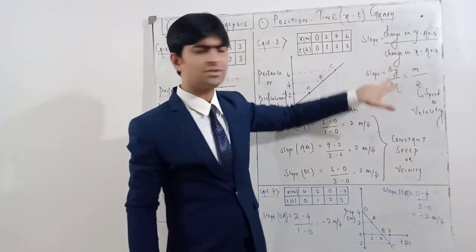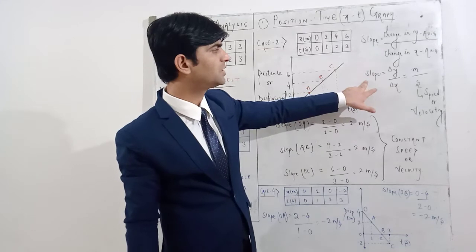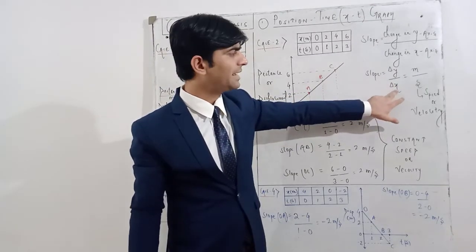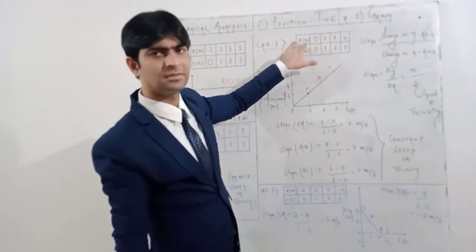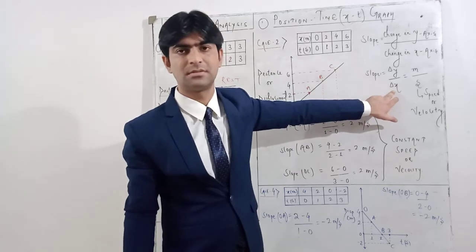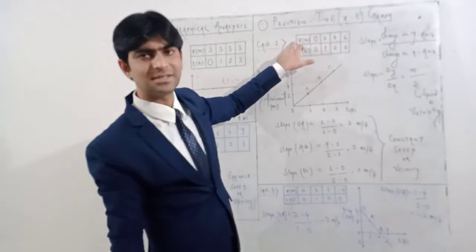For indicating change we generally use the delta sign, so I have written slope is equal to delta y upon delta x. Here x is not this x; here the x indicates the x-axis. Here I have taken x as a distance or displacement.